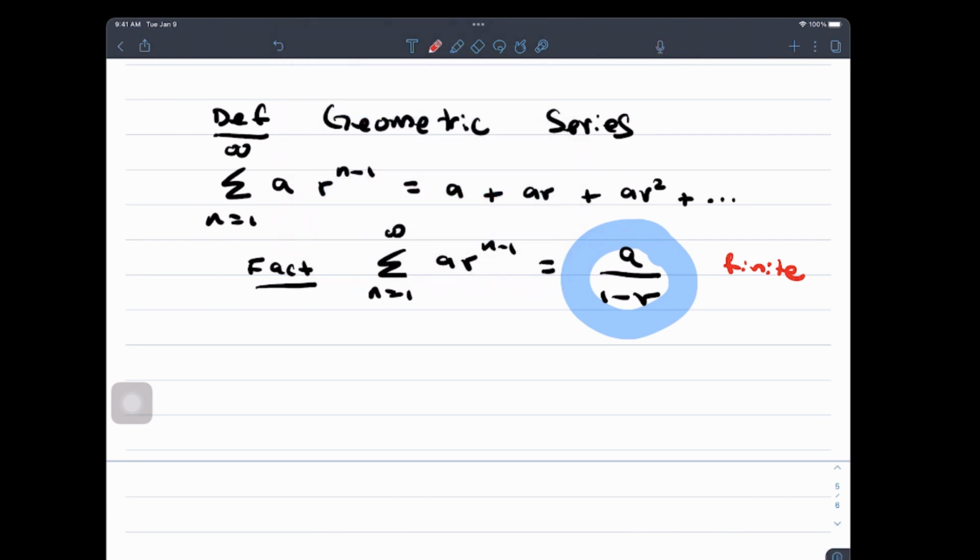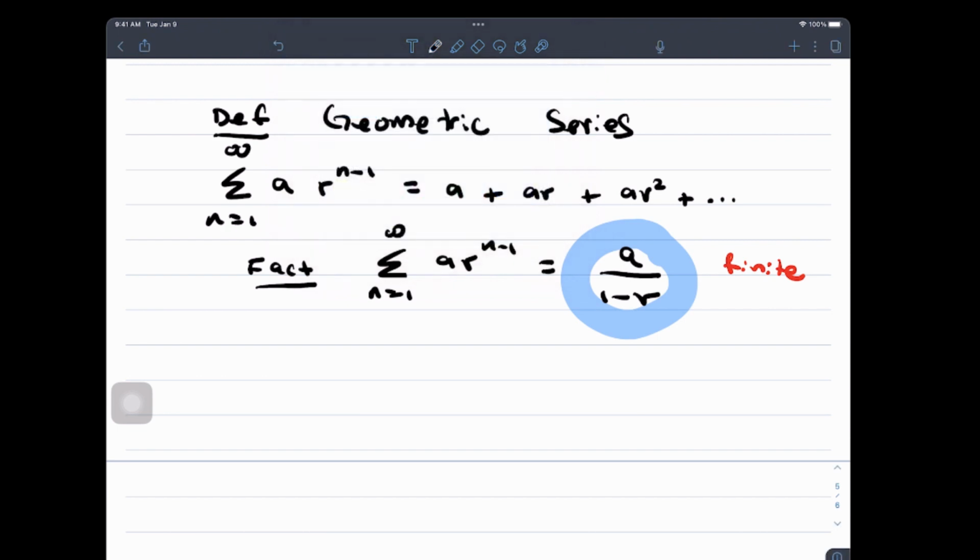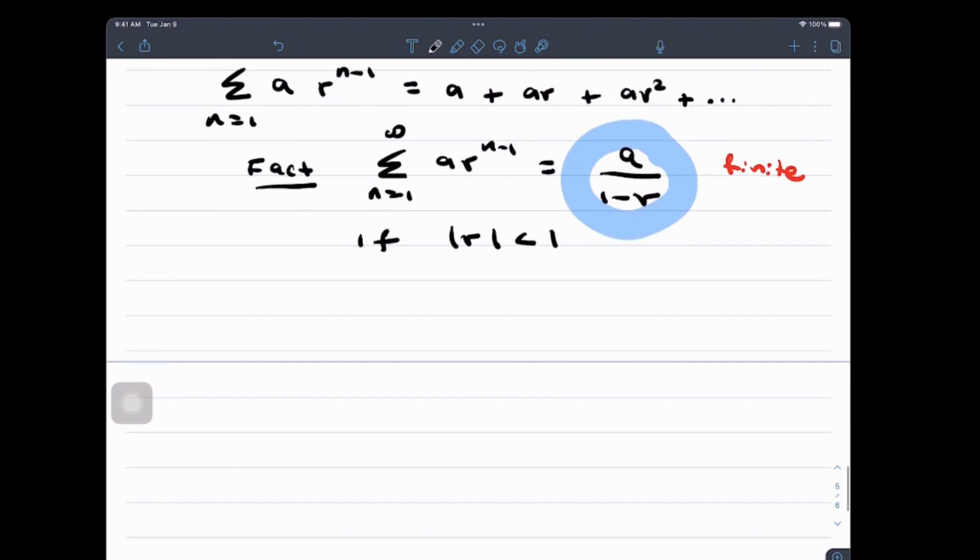That's only if the absolute value of r is less than 1. Okay, so this is the very famous geometric series convergence. Yes? And that's because if you put 1 in r, it's going to equal 0. No. r is going to be any value of r.